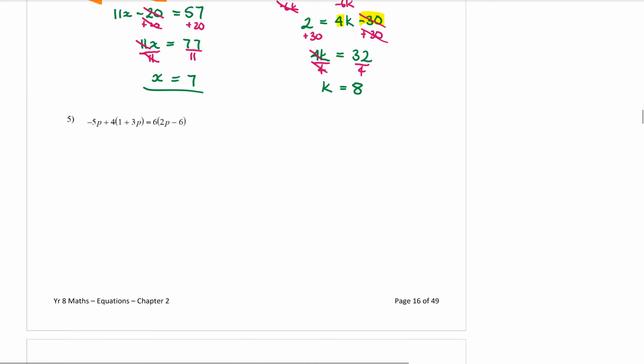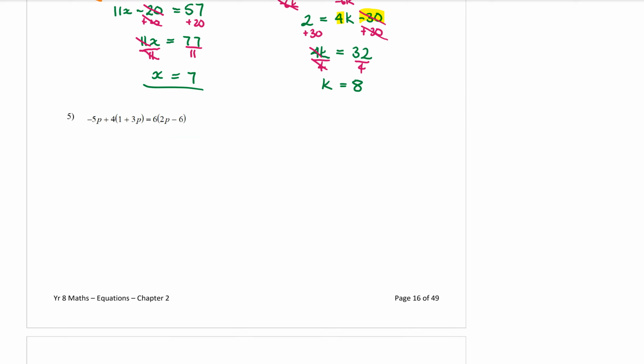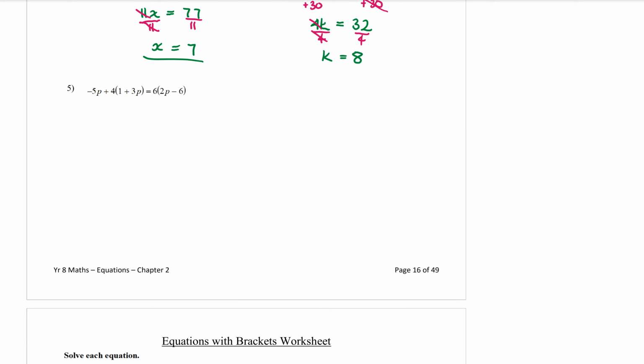One more question, question 5. Always start by expanding out the brackets. So the minus 5p, it's not attached to any of the brackets. It's a separate term sitting out here by itself. So it's just going to stay there, minus 5p. The plus 4 is what needs to multiply into this bracket here.